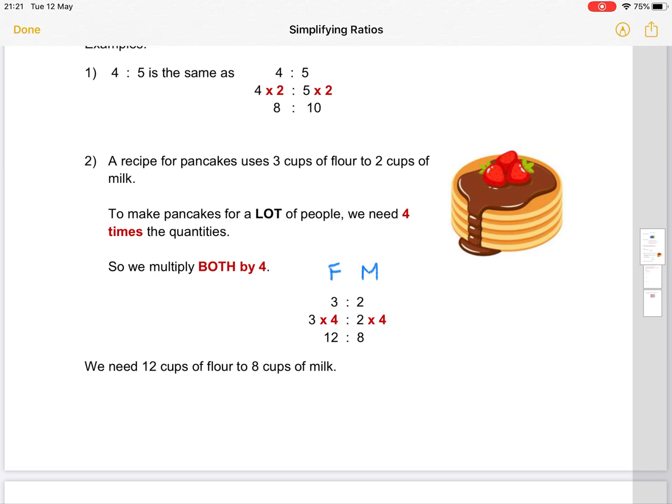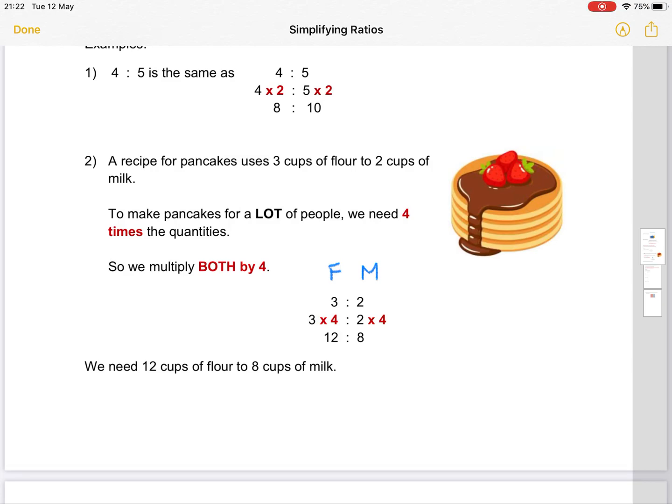What does this mean? This means that to be able to have 4 times the quantities, I need 12 cups of flour to 8 cups of milk. And 12:8 is the same as 3:2 but scaled up.